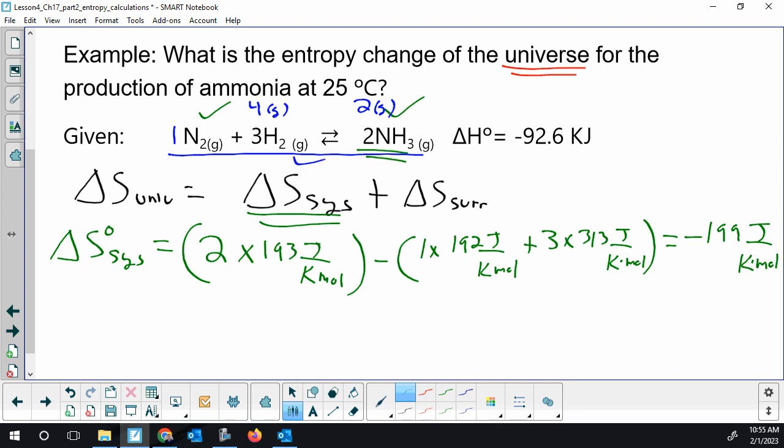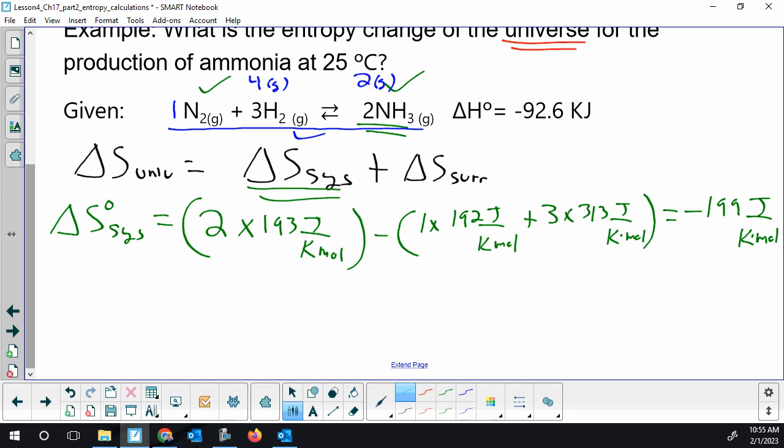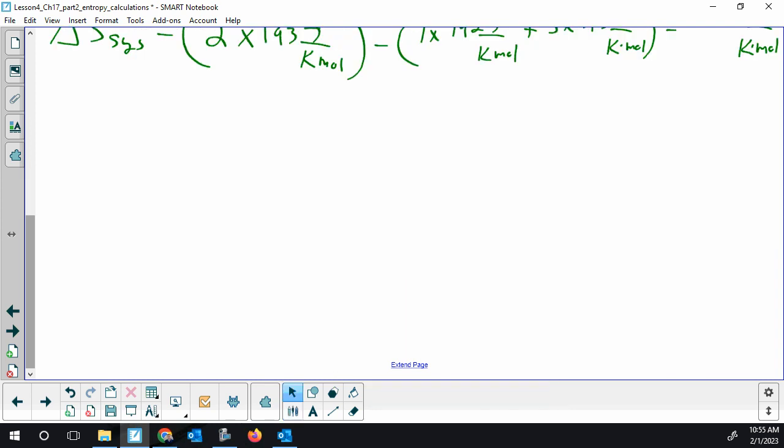We just have the surroundings piece. Now for the surroundings, we need the enthalpy change and the temperature. So we've got both of those pieces given in our information. So we have everything we need to get the entropy change of the universe. I'm going to jump in and solve everything now.